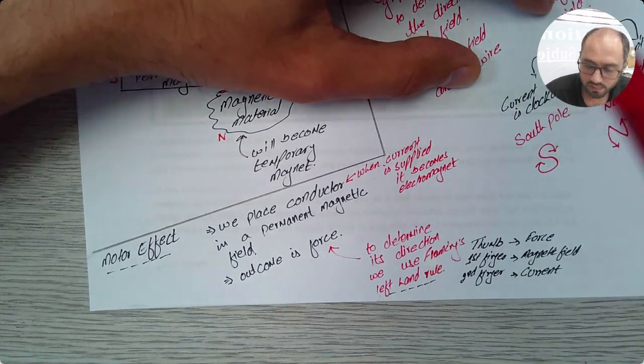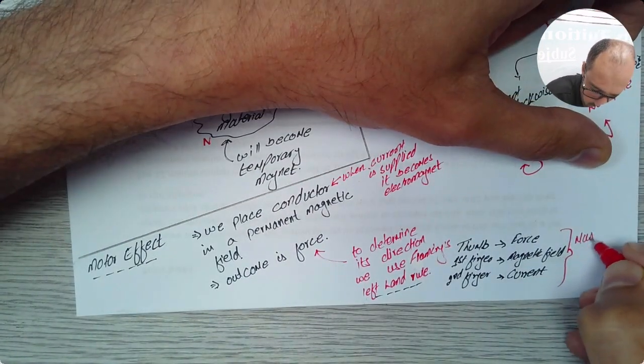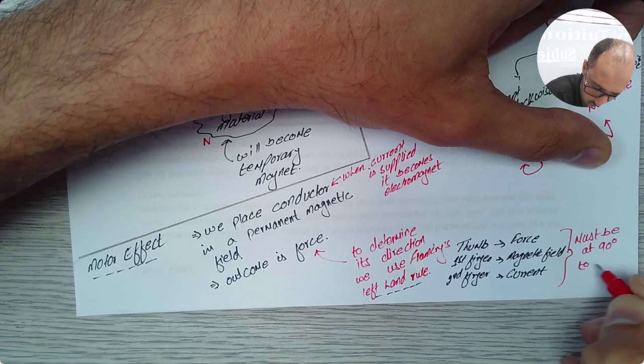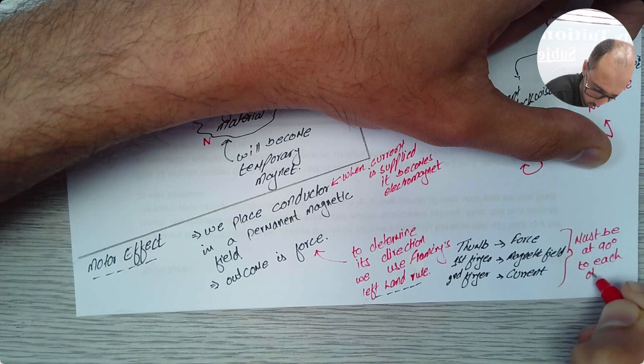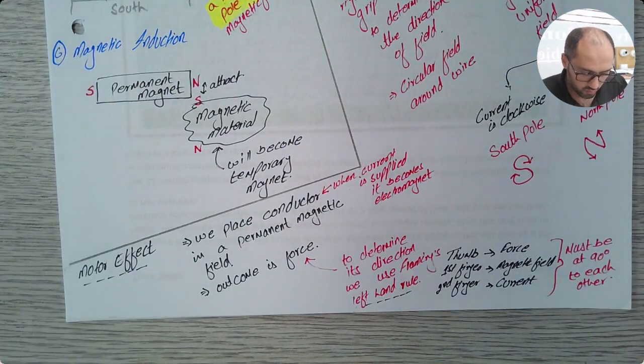You have to remember they must be at 90 degrees to each other. This is what we call the motor effect.